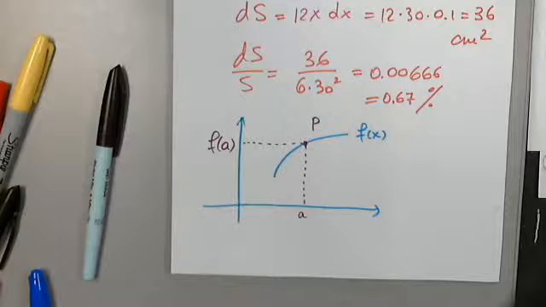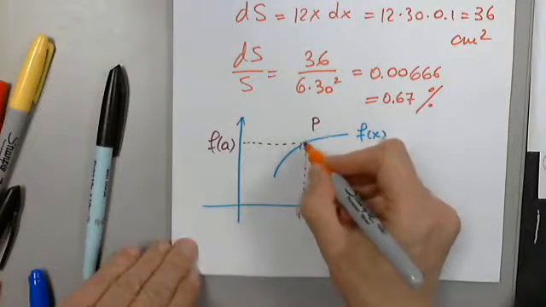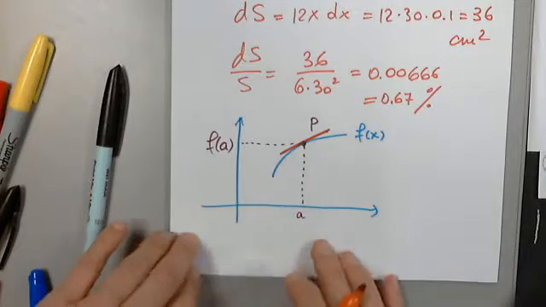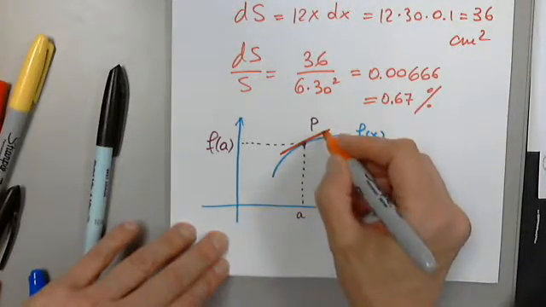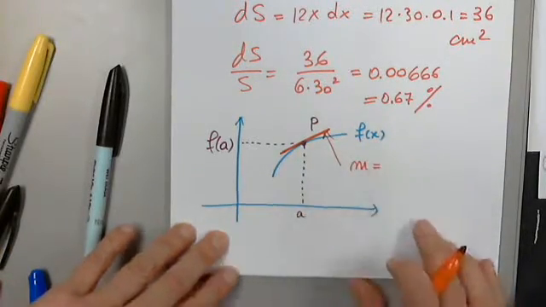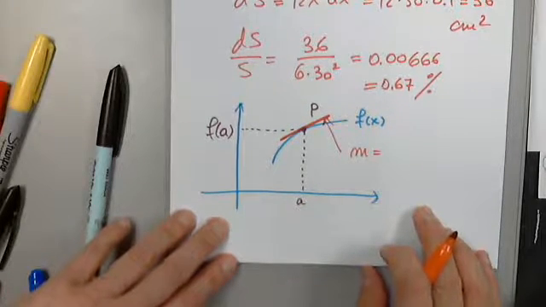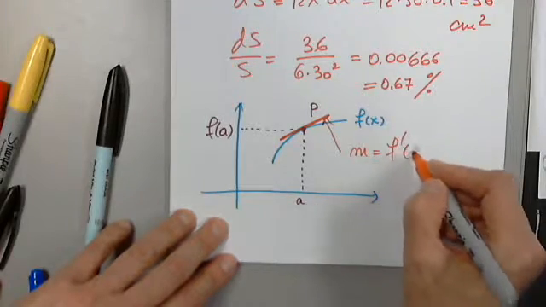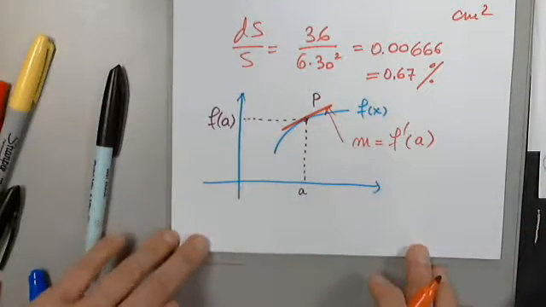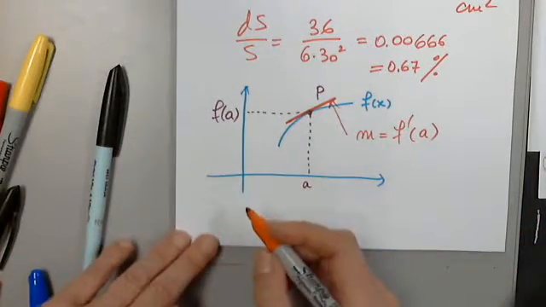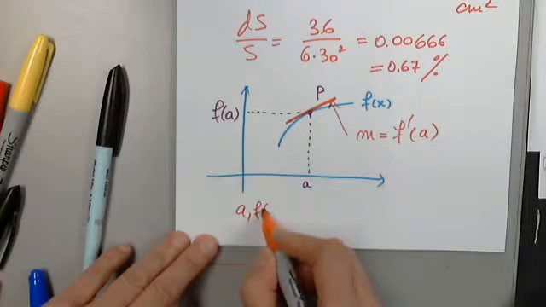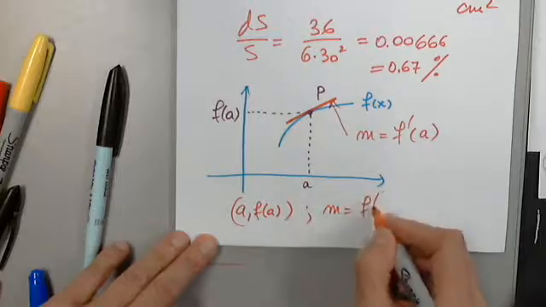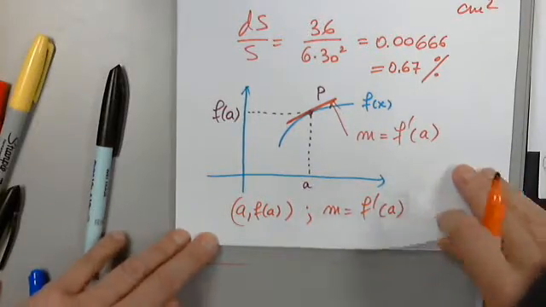Of course, we're going to go back and draw the tangent. What is the slope of this line? Very good. So now we have a point, a comma f of a, and we have the slope, which is f prime of a.